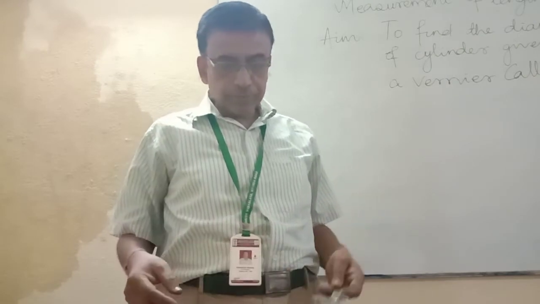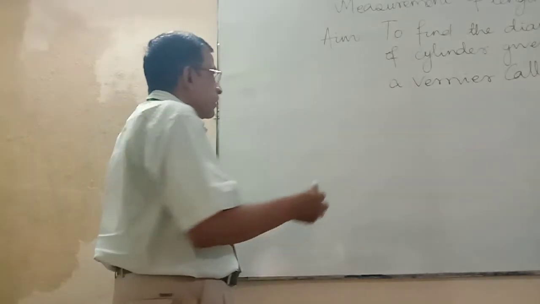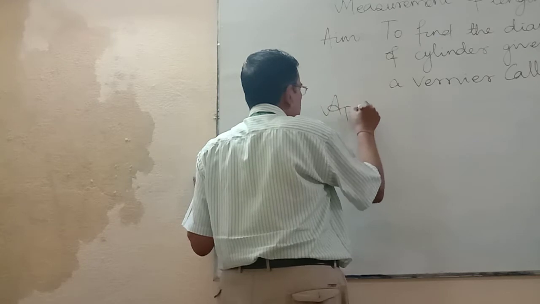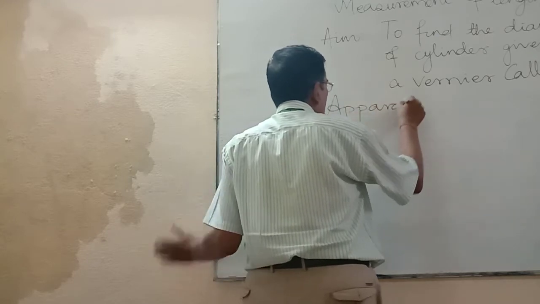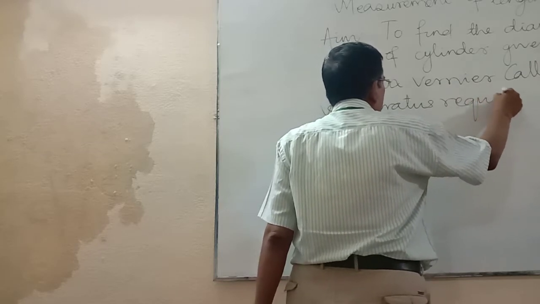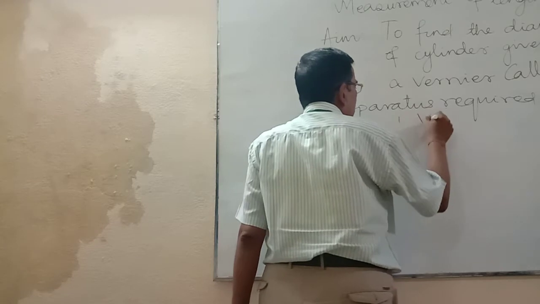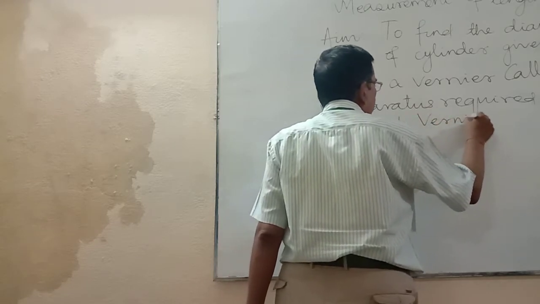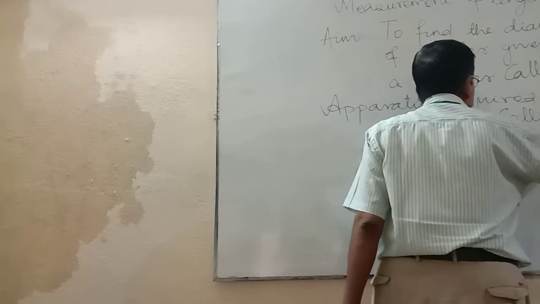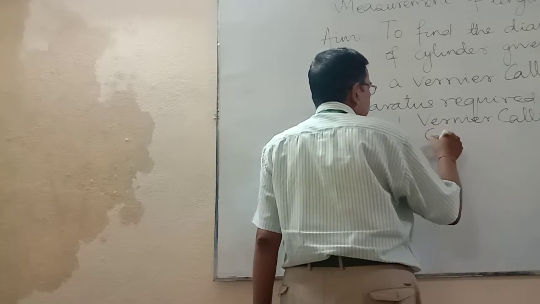Now what to do? First you will write down the theory. You write down what apparatus is required. The apparatus required will be simply one vernier calipers, and the second one is your given cylinder.